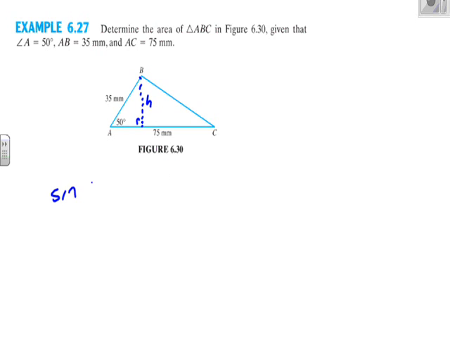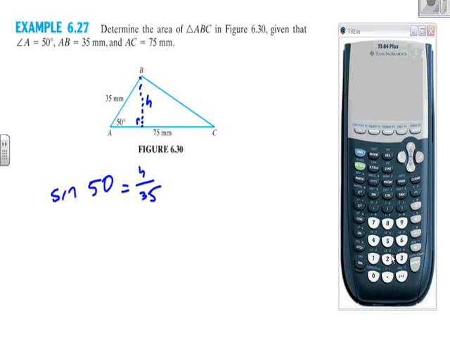So we're going to be using sine. So on the calculator we need sine of 50. And we will multiply that by 35 to solve for h. So our height is 26.8.